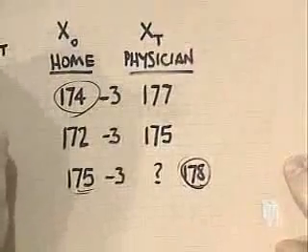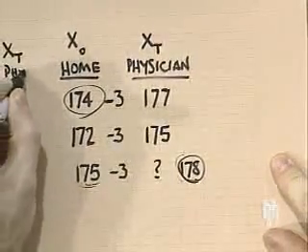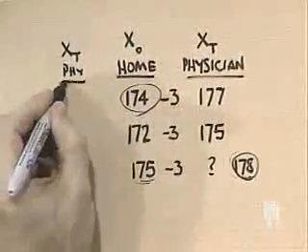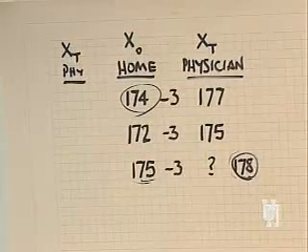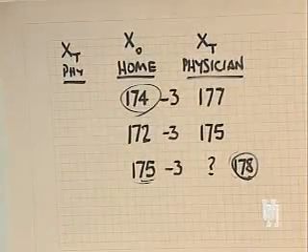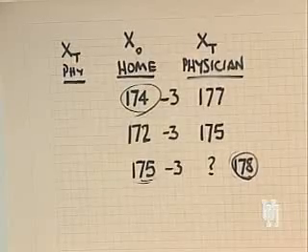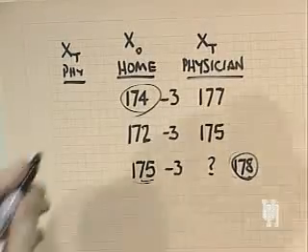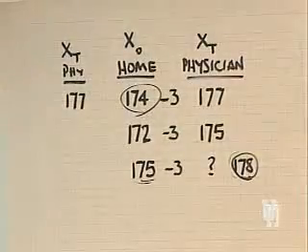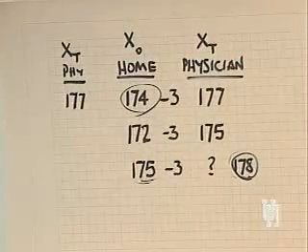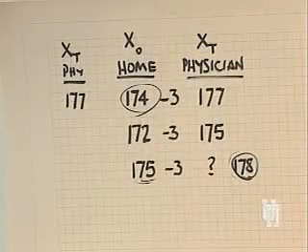You go to the physicians, magically beamed down there. You get on these magic scales, handed down by the gods, error-free. And once again, the physician's scales indicate that you weigh 177 pounds.